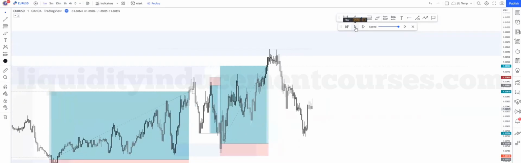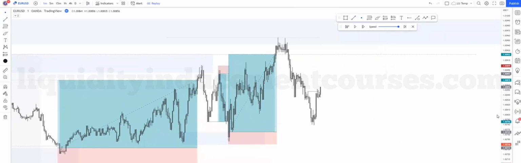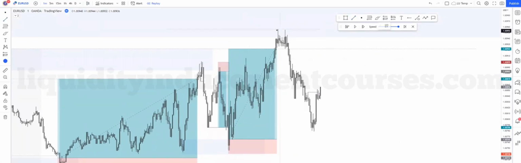Okay. Know how it was broken until here. So we have the first break, I believe. This is a 1 minute. So the first break here. So now we confirm the range from here to here.